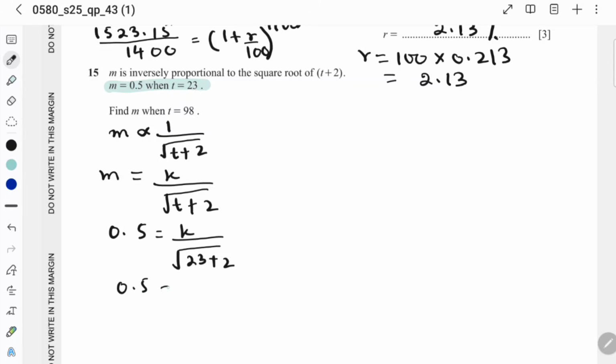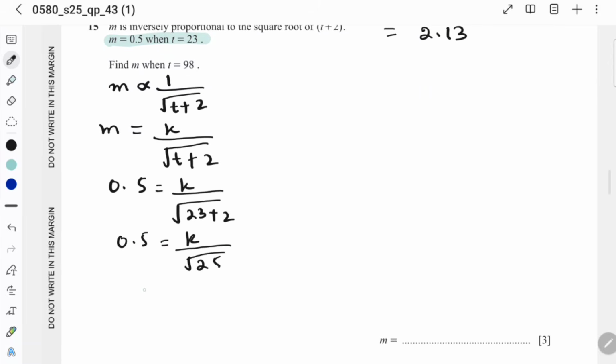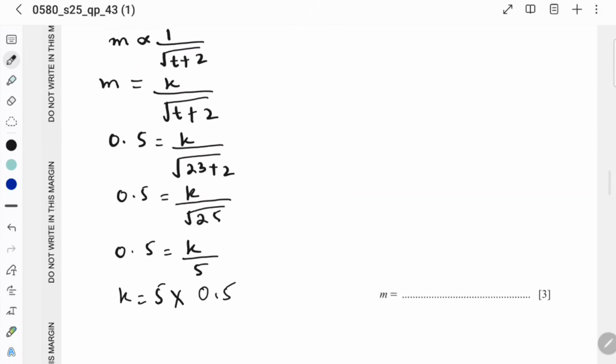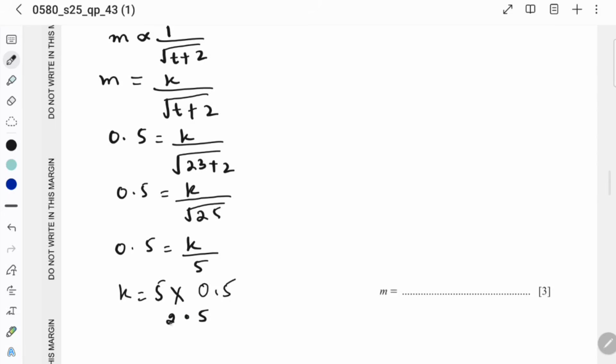That is 0.5 is equal to k upon 25. The square root of 25 is 5. So 0.5 is equal to k upon 5. So the k value will be 5 times 0.5. 5 times 0.5 means 5 fives are 25 and 1 decimal, 2.5. Okay, so we got k is equal to 2.5.